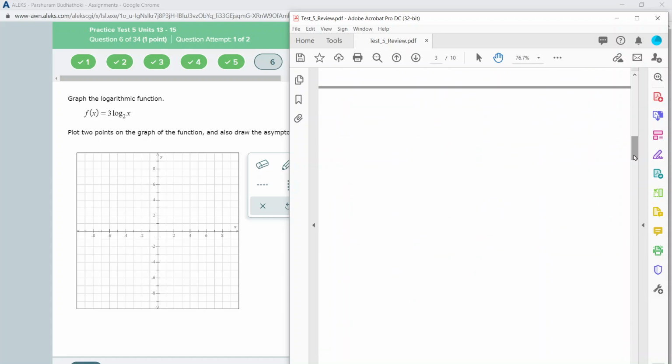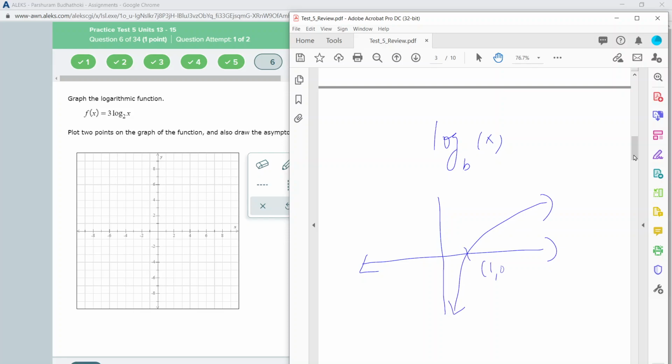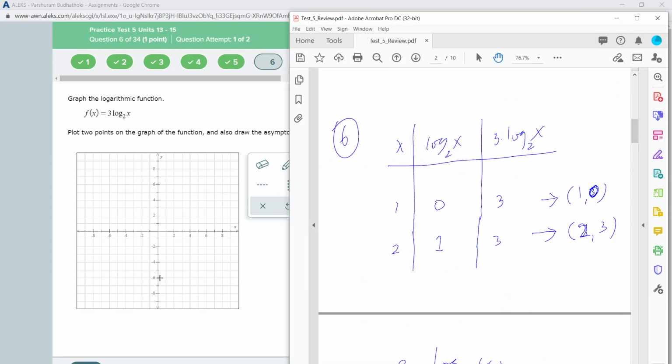What I'm saying is, for any function log base b of x, this is the graph, with the point (1, 0), and the line x equal to 0 is called the vertical asymptote. Now instead of log base b of x, we're plotting 3 times log base b of x, so we are not shifting this graph left or right. That means the vertical asymptote remains the same, x equal to 0.